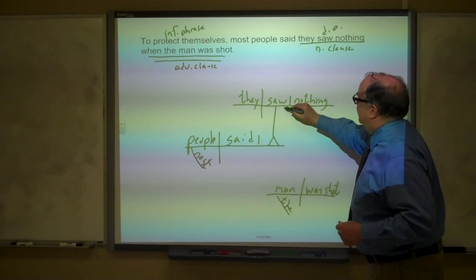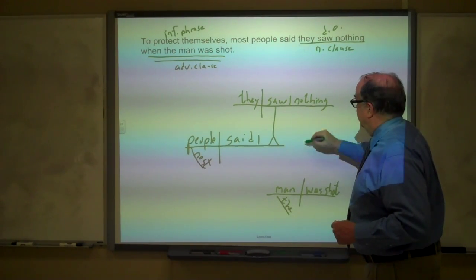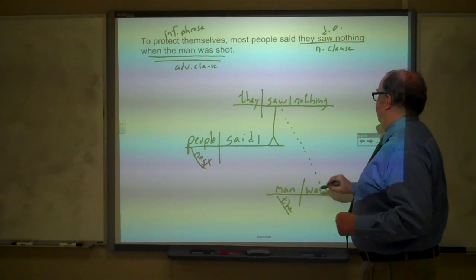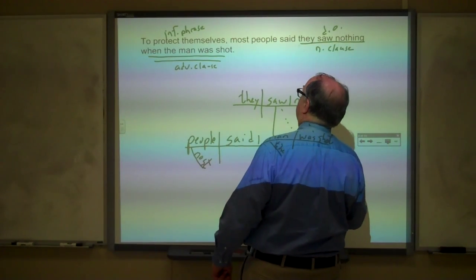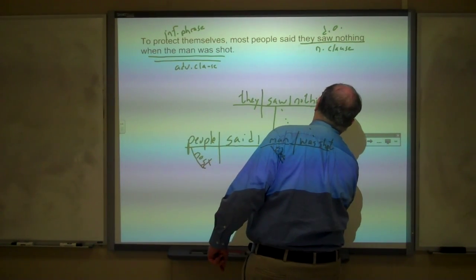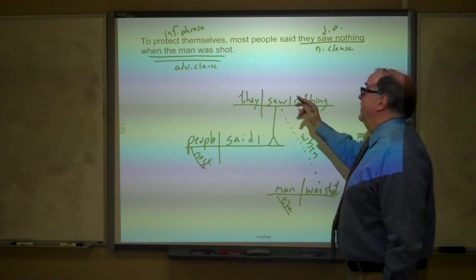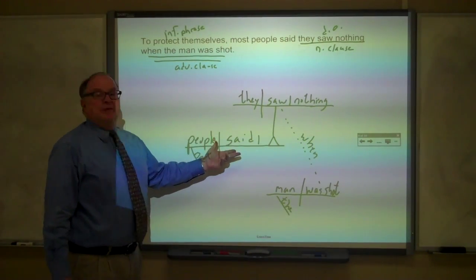So we go from the verb being modified to draw a dotted line to the verb in the adverb clause, and then we write the subordinating conjunction when on the dotted line. Remember that? So there's the adverb clause, and then to protect themselves is what people said.